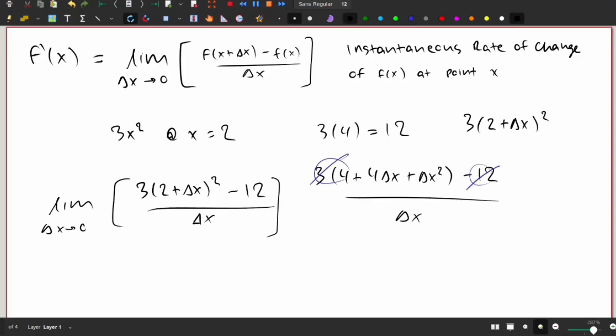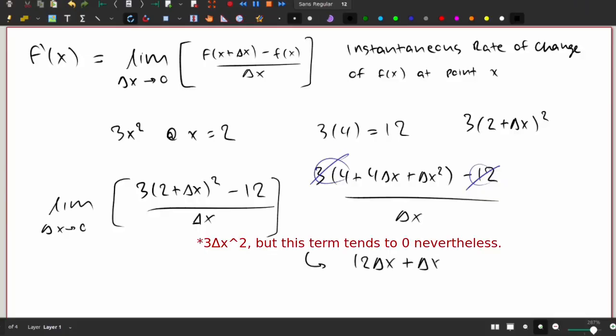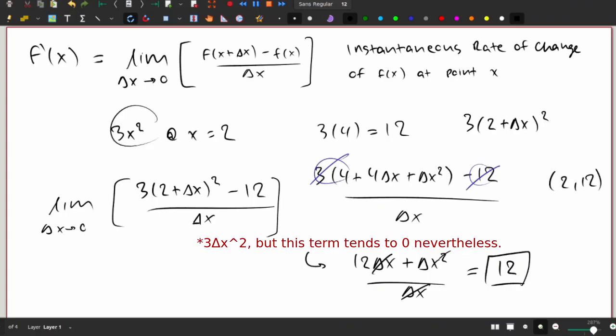So what we're going to be left with when we expand it is going to be 12 delta x plus 3 delta x squared over delta x. And we can cross out a delta x from everything, and that equals 12. So that means at the point (2, 12), the rate of change of this function is equal to 12.